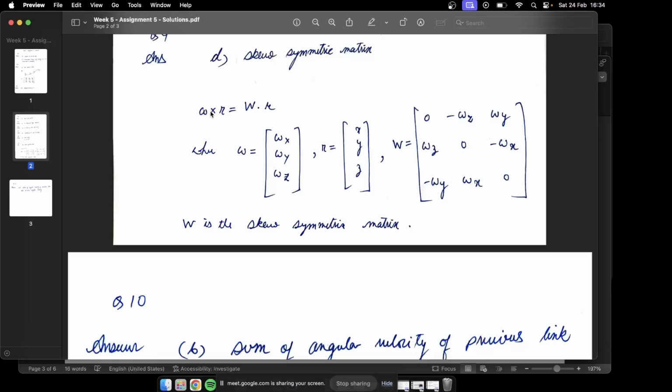So a cross product is rewritten mathematically as a matrix multiplication. That's the consequence of constructing this skew symmetric matrix. And for angular velocity, you can write omega cross r as the skew symmetric matrix of omega times r.